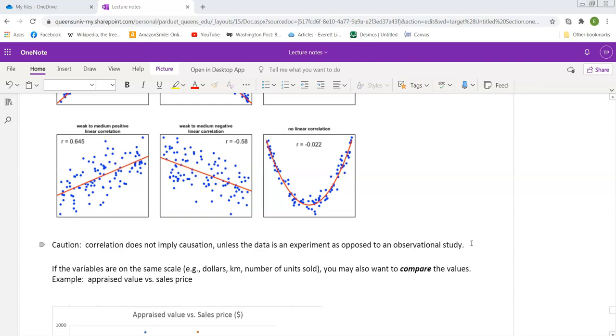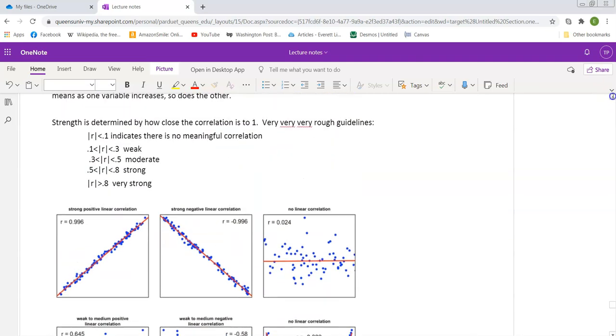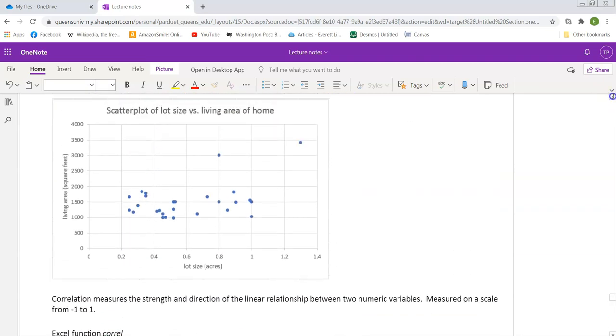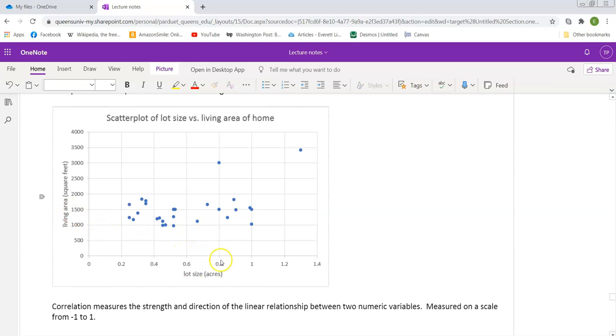So this is an observational study, which means we can't conclude that, for example, well, let's see, our two variables here were the acreage, so the lot size and the living area. And I think common sense tells you that the lot size does not itself have any bearing on the living area of a home.